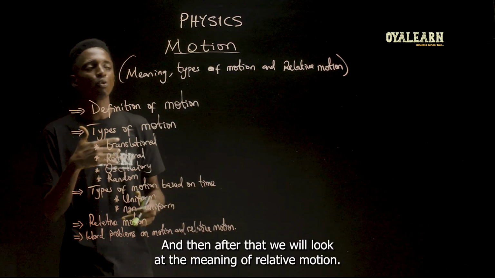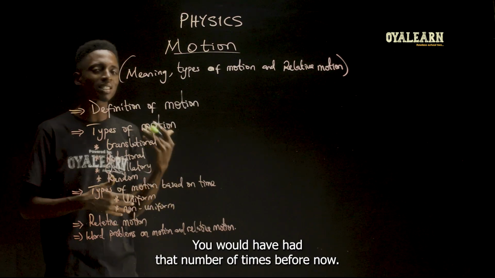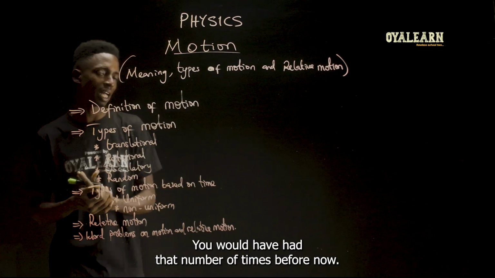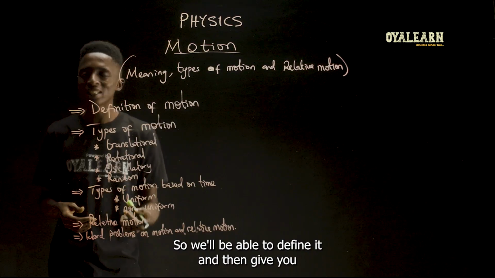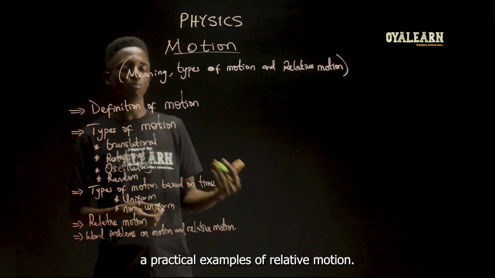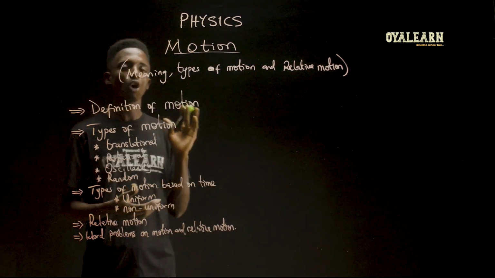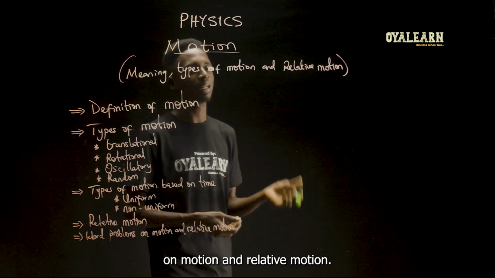And then after that, we'll look at the meaning of relative motion. You would have heard that term a number of times before now. So we'll define it and then give you practical examples of relative motion. And then to end the topic, we'll solve problems on motion and relative motion.